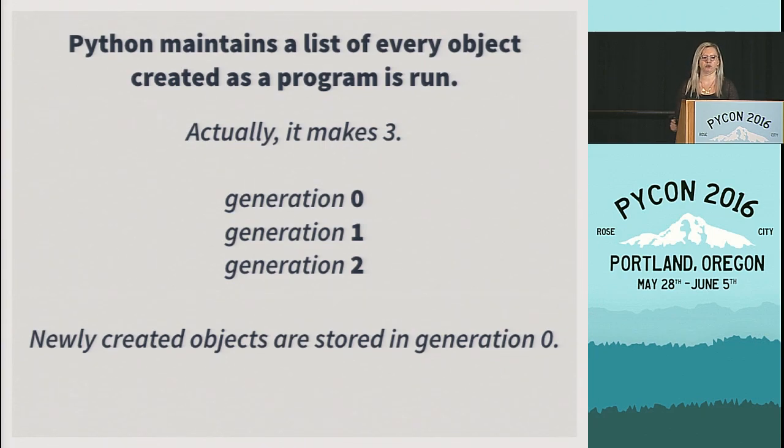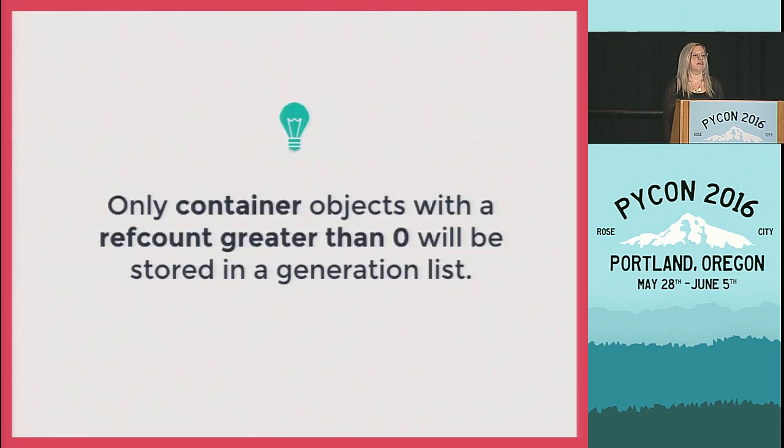Each object is only stored in one generation, and we optimize by collecting young objects in generation 0 more frequently than the old. Now remember that only container objects with a reference count greater than 0 are stored in these generational lists. So similar to mark and sweep, but instead of keeping a list of all the objects, we only keep the ones with those active references.